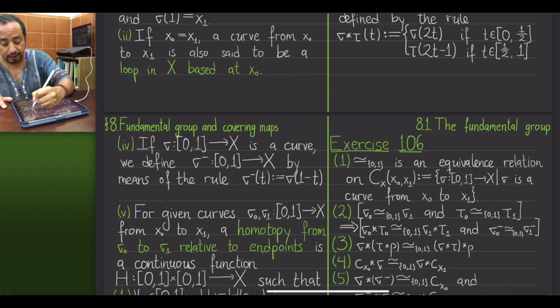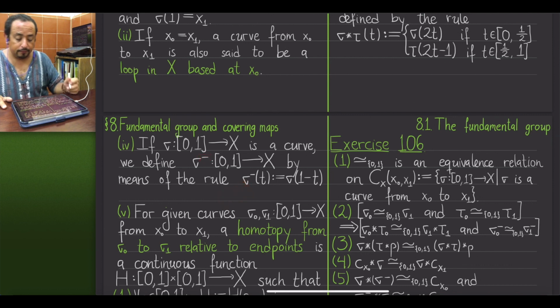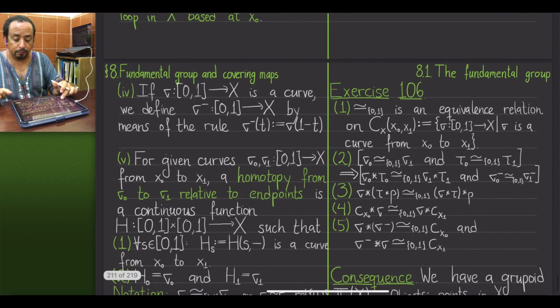And notice that here I'm being careful, and I'm not using the notation sigma to the -1, just sigma minus. Okay, and this is because it's not going to be the inverse of sigma for concatenation, but rather up to homotopy, which I'm about to define.